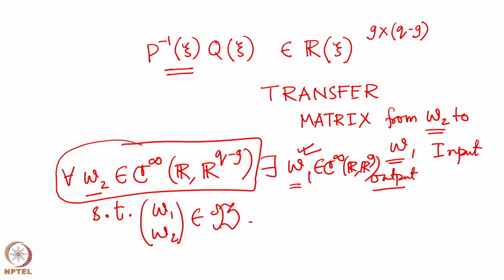So in the behavior, notice carefully, this W1, W2 pair that satisfies these equations: if I assign some arbitrary trajectory to W2, there will be a corresponding trajectory in W1 so that together they satisfy the equations. So that means the projection of the behavior on the W2 part is full, all of C infinity.